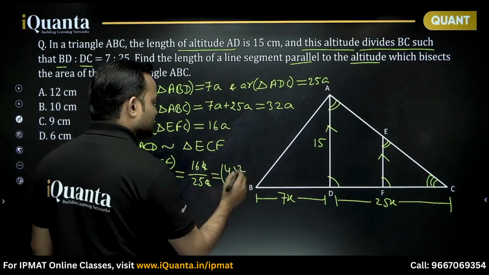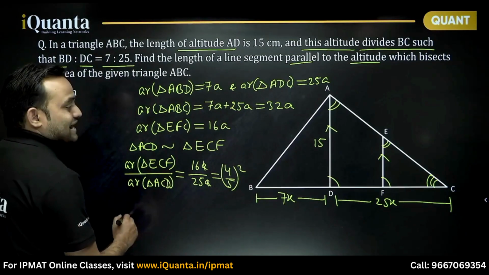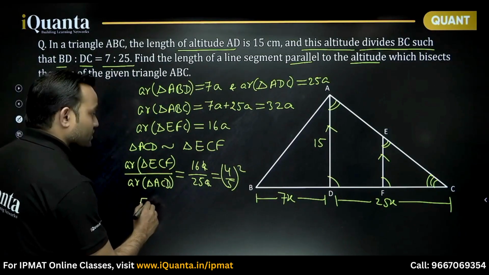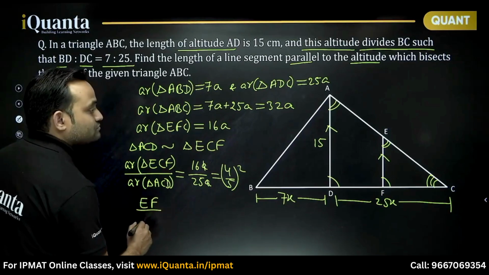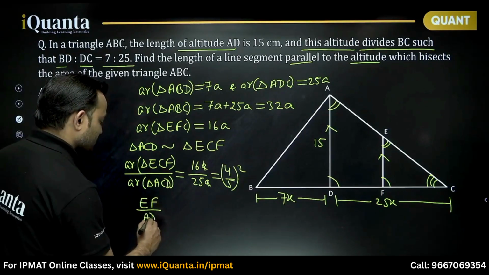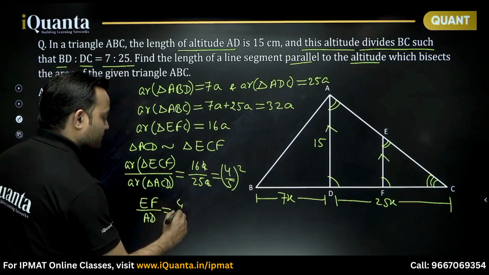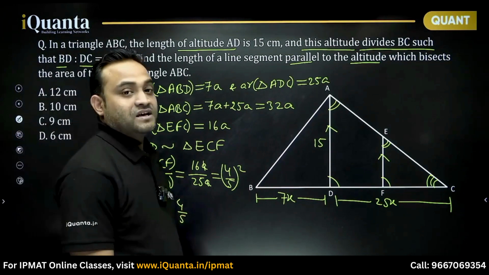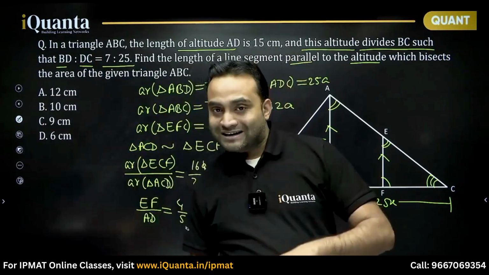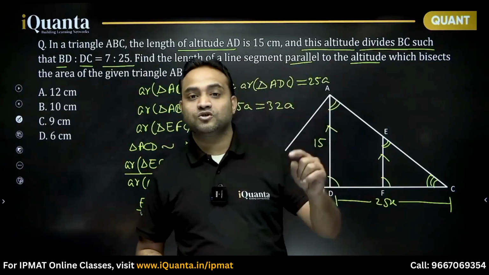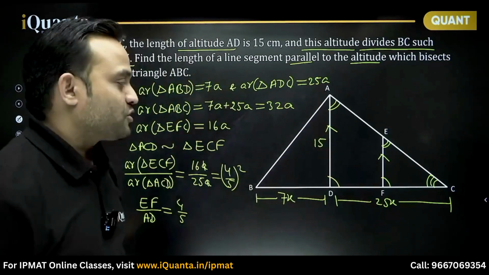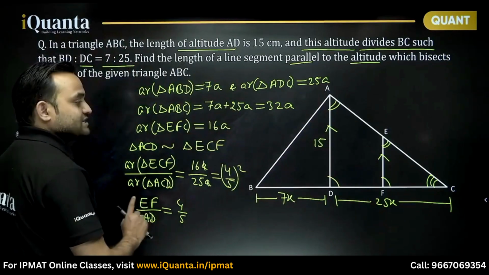whole square. So can we say that the corresponding side length, so EF upon AD, will be equal to 4/5. The ratio of the areas of two similar triangles is the square of the ratio of the lengths of the corresponding sides. So EF by AD is equal to 4/5.